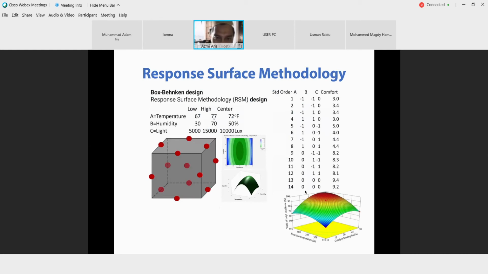And then from this, you will go to a next step, which is to optimize with many variables. This one you are only optimizing with a few variables, but if you have 4 variables, you have to go to another stage, which is called optimization. Then that optimization will help you to optimize your response, and also your 4 variables at one time.